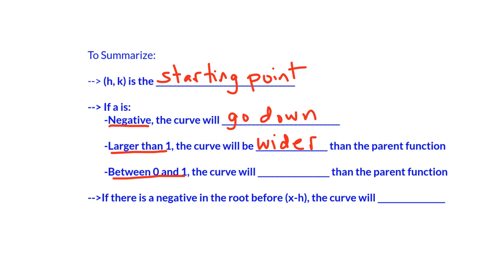And if A is between 0 and 1, like the 1/2 on the previous screen, it will be more narrow than the parent function. And lastly, if there is a negative in the root before x minus h, remember the curve will go left. So those are our key pieces of information when we graph using shortcuts.